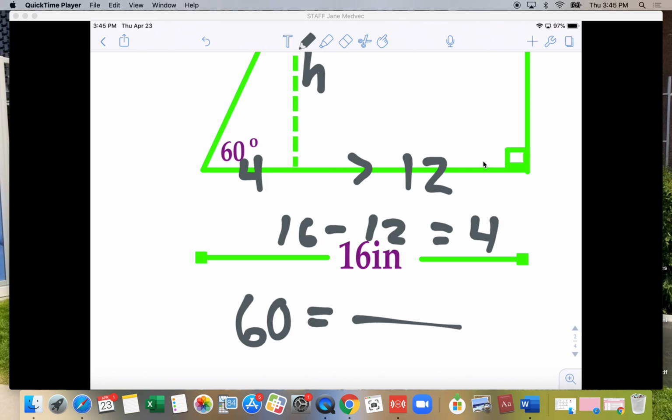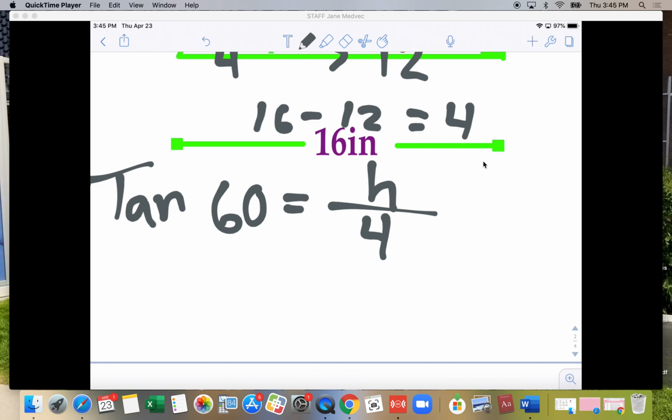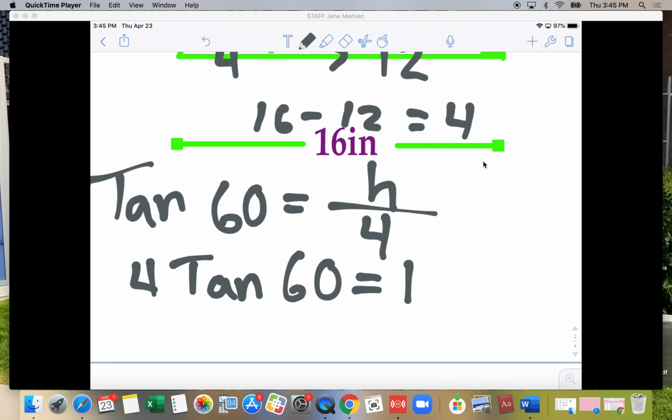So 4 is adjacent to 60 and H is opposite to 60. So opposite and adjacent would be tangent. The opposite is H and the adjacent is 4. Multiply both sides by 4. 4 tangent 60 equals H. H ends up giving me approximately 6.93.